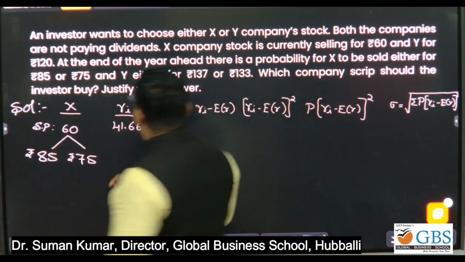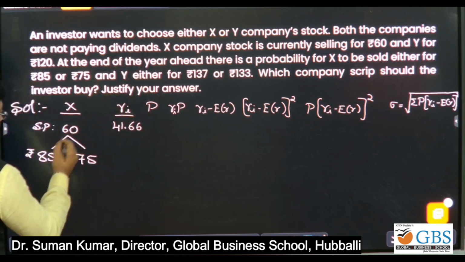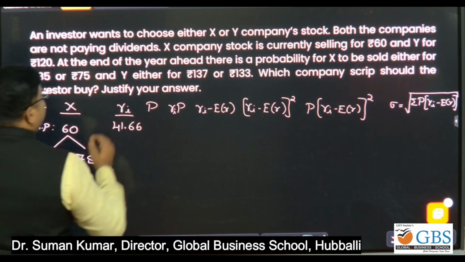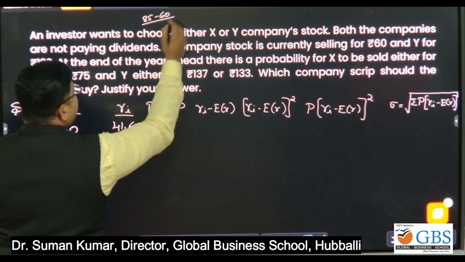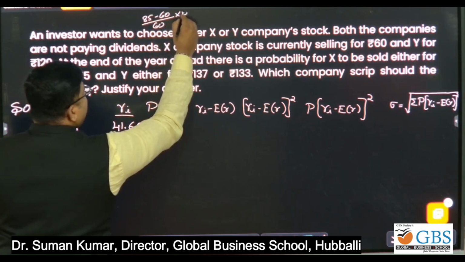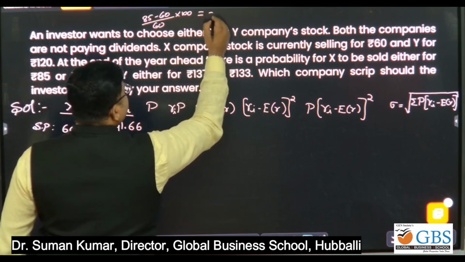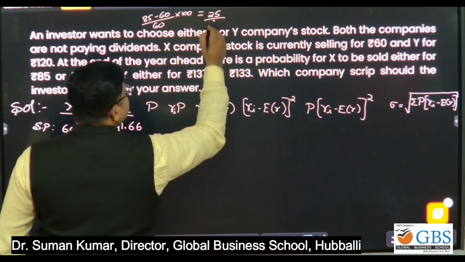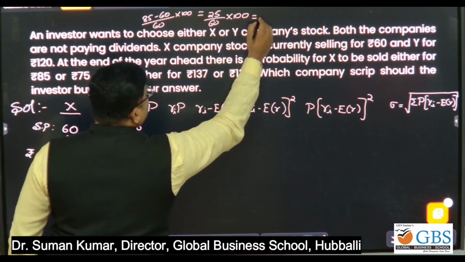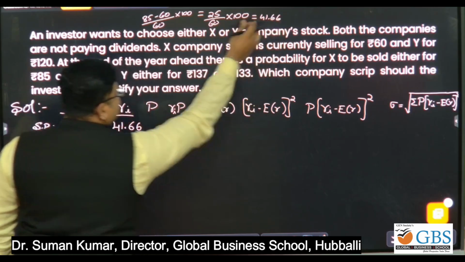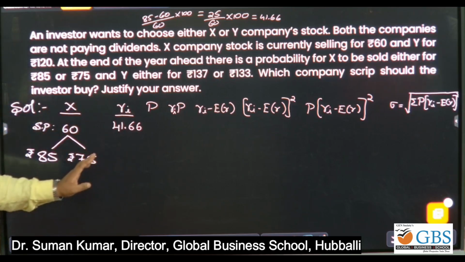So for your reference, I am writing here. The difference between 60 and 85: 85 minus 60 divided by 60 into 100, that is 25 divided by 60 into 100. That gives 41.66. That is what I am writing. Any doubt up to this? Shall I go with the next?